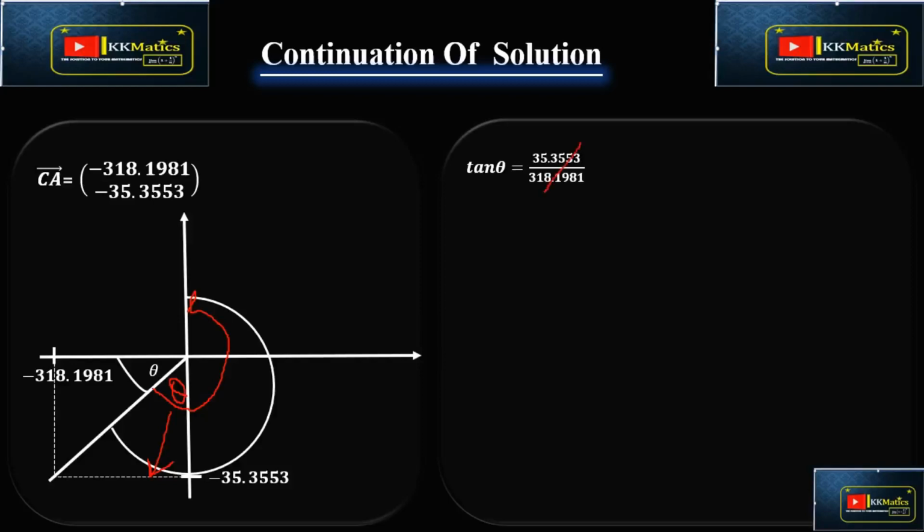Tan theta equals opposite, which is 318.1981, all divided by the adjacent. Our adjacent here is 35.3553.